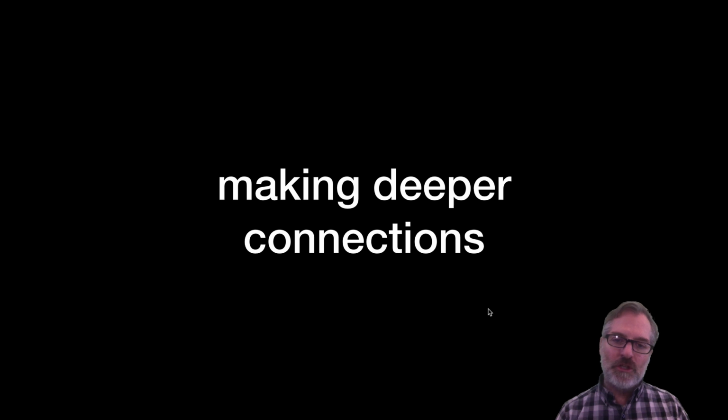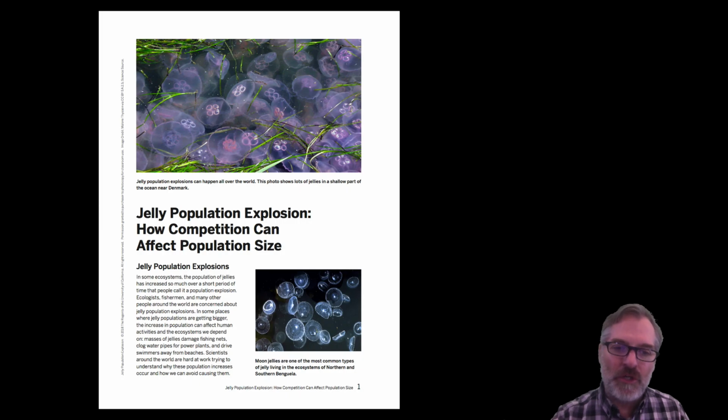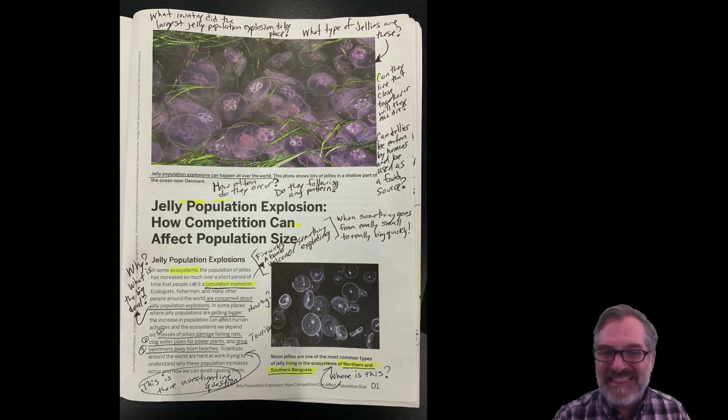Now, as you're going there, we want to make deeper connections with what we're reading because this is scientific research and the scientific article, and we want to connect with it and learn from it to extend our thinking. Okay, so this is the first page, but this is what my thinking looked like when I was done.